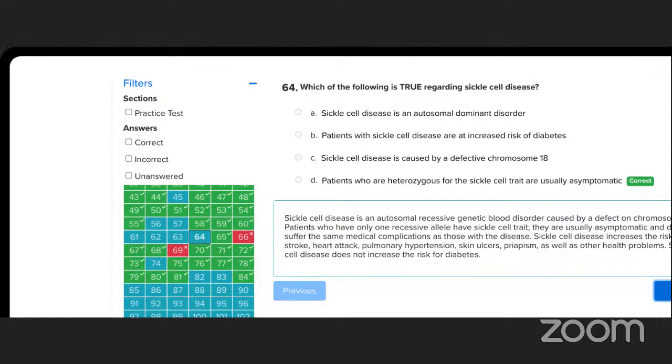So we'll go through it when we do the more comprehensive study. Okay, then we go into question 67. We're almost there. 67, 68.